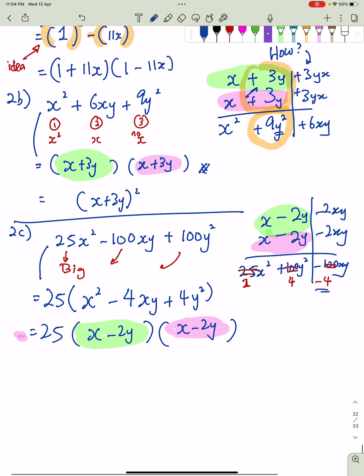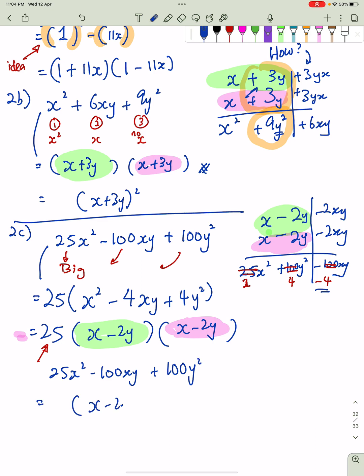The difficult part is actually to identify this 25, because some of you actually did the mode 33 method or mode 522 method. So some of you actually wrote your final answer as this, right? So you just write x minus 2y, x minus 2y.